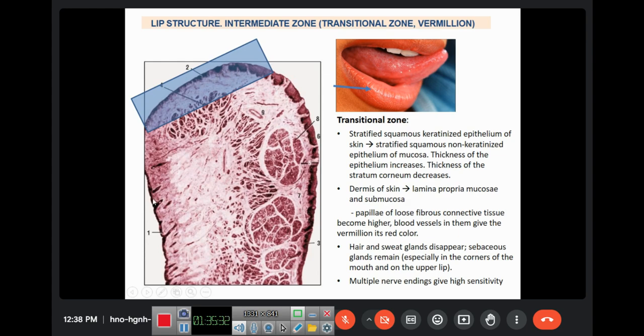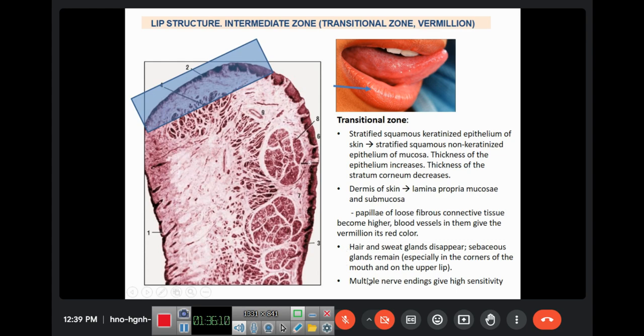So papillae in skin zone are very small, and papillae in intermediate zone become much higher, and the blood vessels go into these papillae, and are located very close to the surface of epithelium, and so we see the blood and blood vessels in these papillae, so this zone seems very red in color because of blood vessels and a very thin stratum corneum in this area.